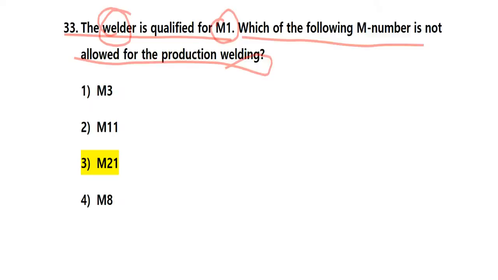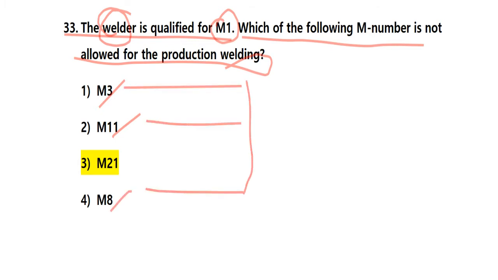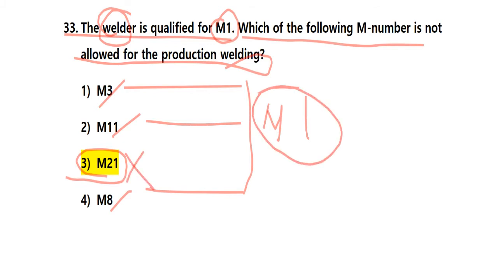So simply you choose, M number 3, no. M number 11, no. M number 8, no. Which no means qualified with M number 1. But M number 21 is not qualified by this M number 1. So this is yes. So choose M number 21. Very simple.